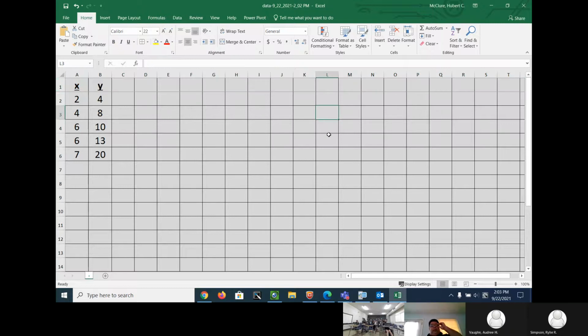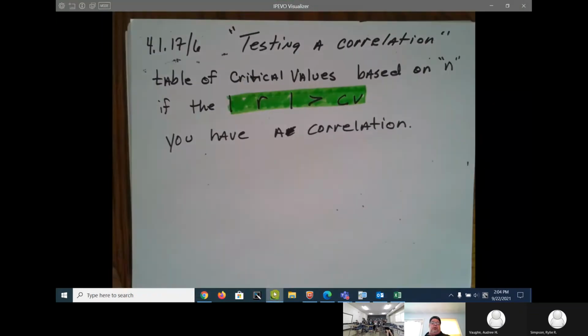Okay. Now I want you to go ahead and in your notebooks, plot these points. I'm going to plot them. I want you to plot them also.